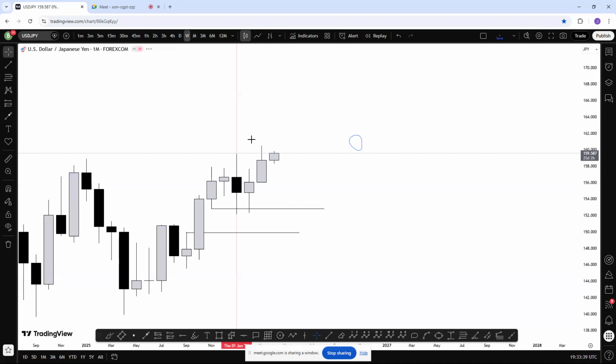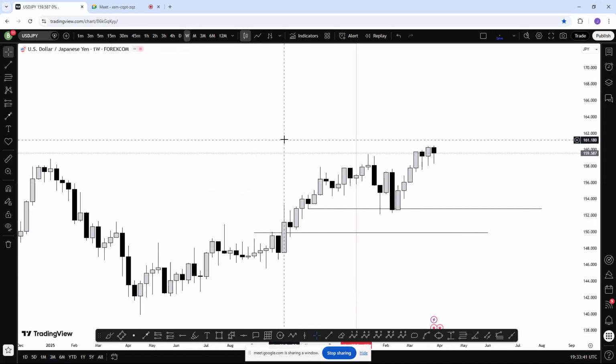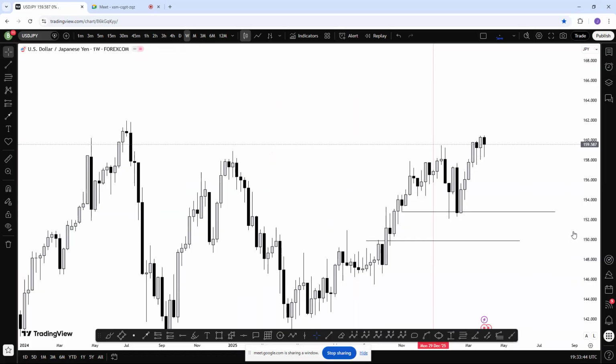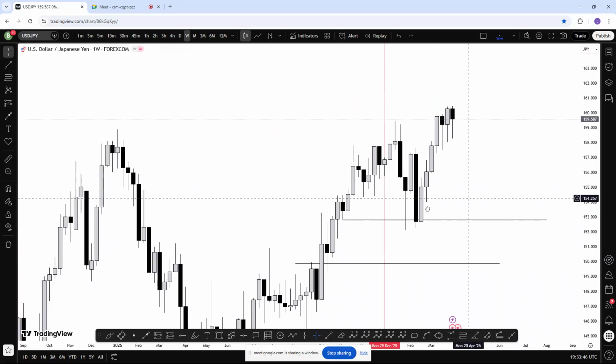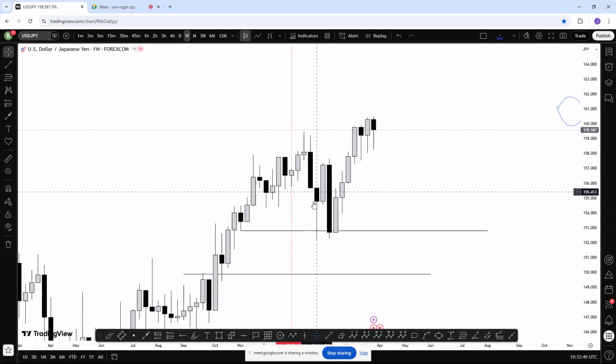So I switch to weekly. On weekly, you can see a rejection block was formed here. A confirmation was formed when this order block is created. When a bullish candle engulfs this bearish candle, that's your confirmation.